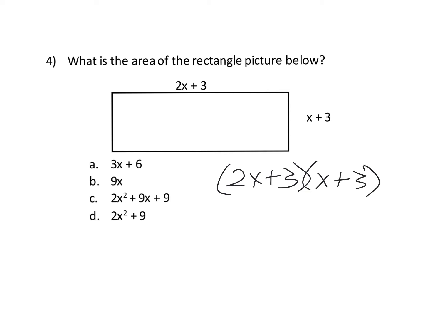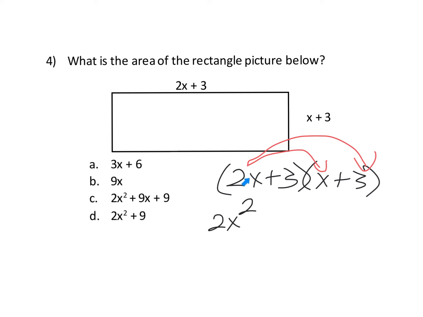All right, so to do this, we're going to multiply the first term, 2x, times the first term in the second binomial. Then we're going to multiply 2x times the second term in the binomial. So when we do 2x times 1x, we get 2x squared.